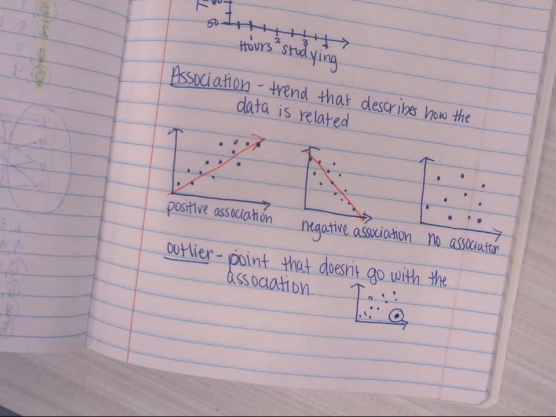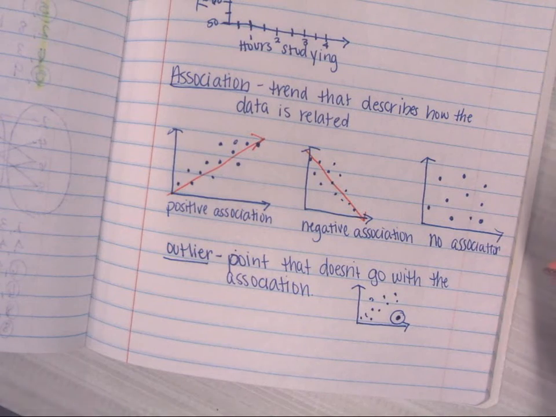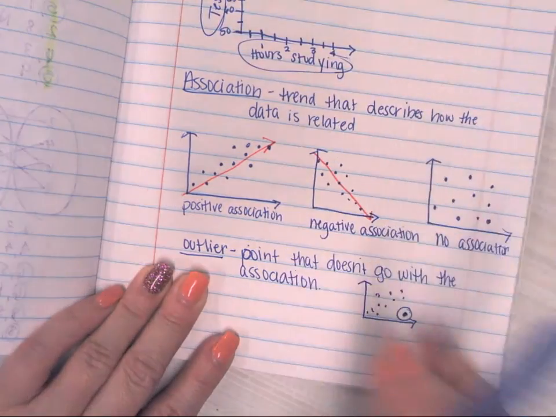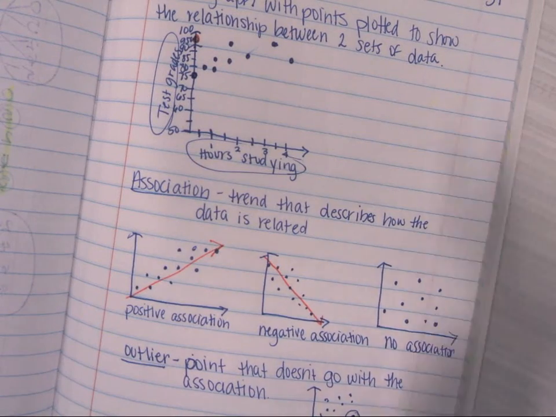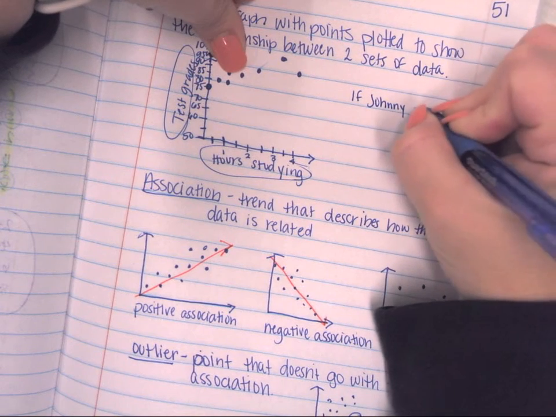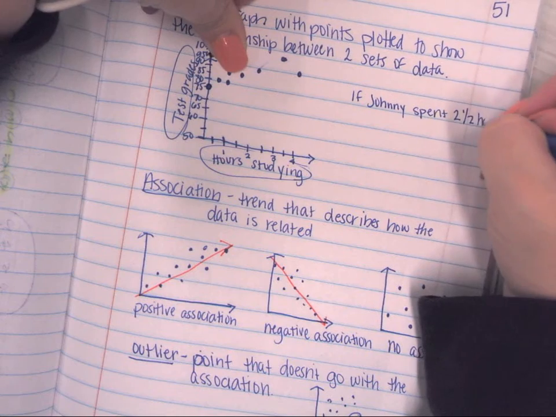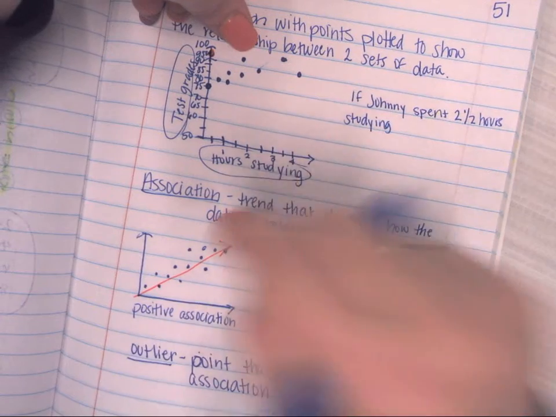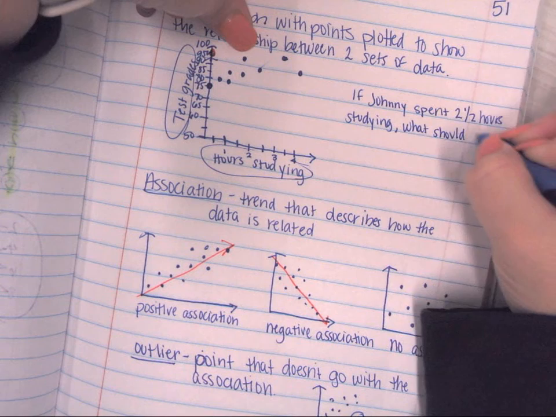All right. When you see questions related to scatter plots, you're going to have to read the graph to know what they're talking about. So it might say something like, if Johnny spent 2.5 hours studying, based on this scatter plot, what would his grade be?